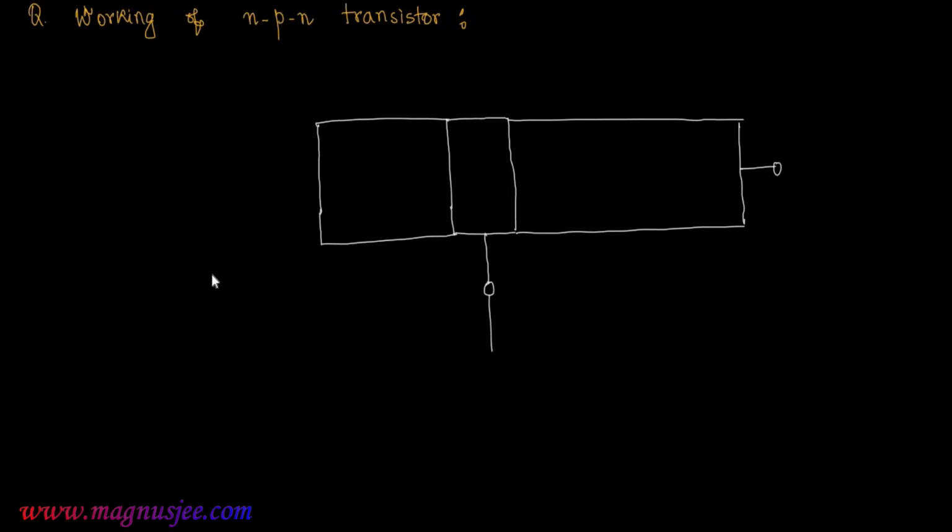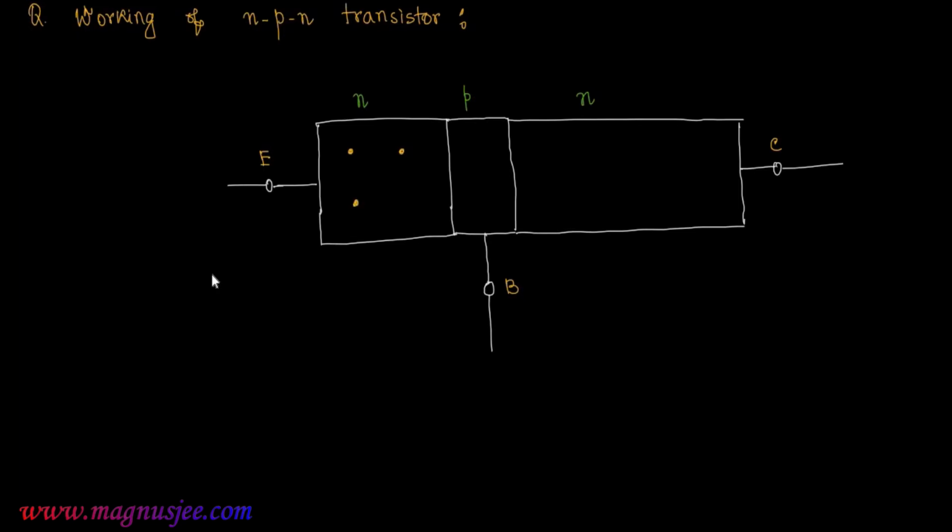This junction transistor has three terminals. This terminal is emitter, this terminal is base, and this terminal is collector. Emitter is N-type, and a thin part of P-type semiconductor, the base, is sandwiched between N-type emitter and collector.